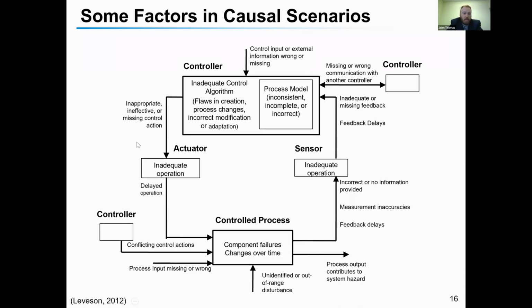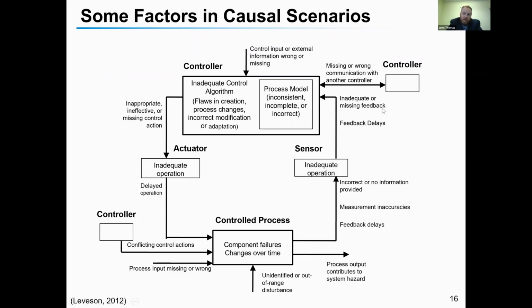We'll want to look at things like a missing control action, ineffective control action, things like process models that are inconsistent or maybe just incomplete. Like initially the process model may be unknown when a computer is initially booted up, for example. We look at delays in the feedback, but also missing feedback because we never thought to include this feedback in the design.